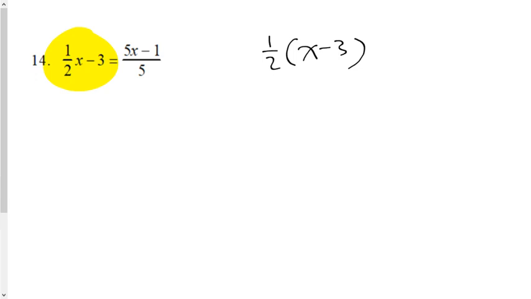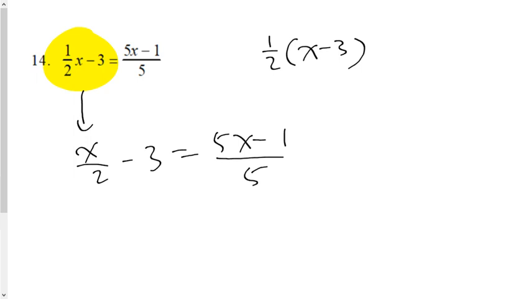So this is really this equation, right? My intention wasn't for it to be this, but I messed that up. So this is really what the question says. Half of x minus 3 is equal to 5x minus 1 over 5, a fifth of that. So once we reread it like that, it actually becomes kind of easier.